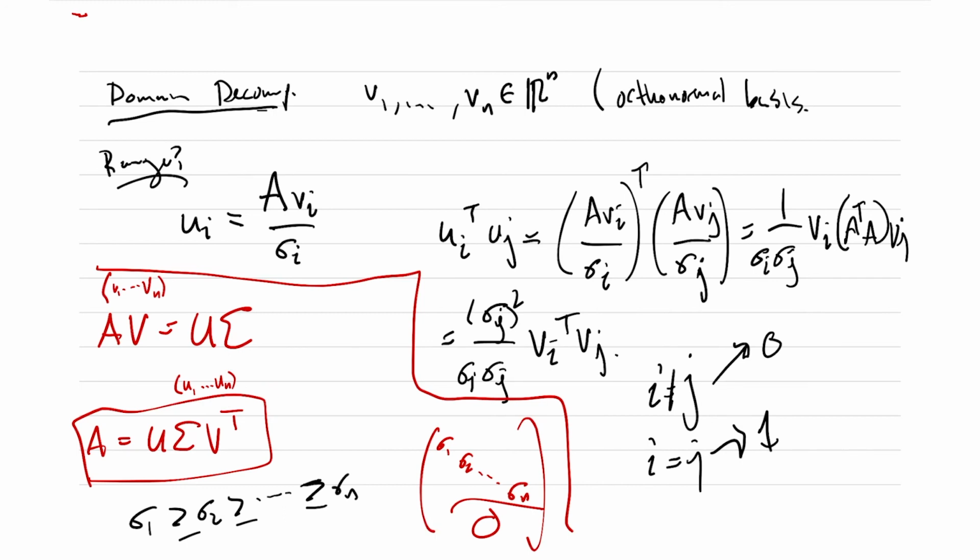If the domain dimensionality is larger than the range dimensionality, you can still do an SVD on A. You just take A transpose, do the SVD, and then transpose it back at the end of the day, and that will take care of everything.